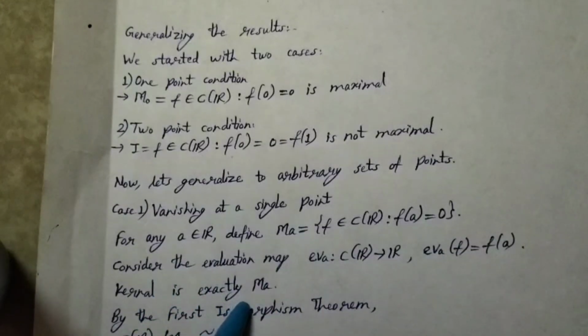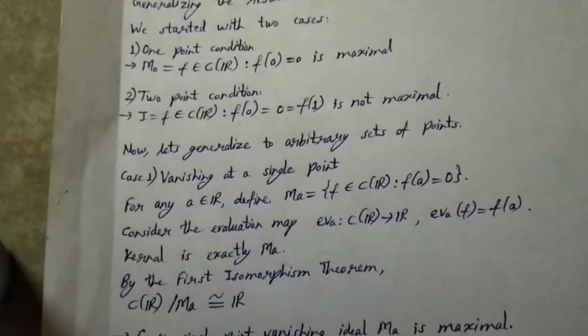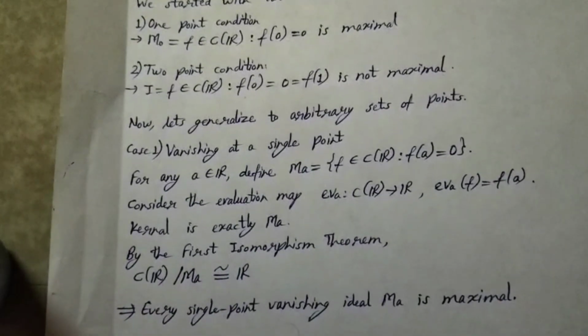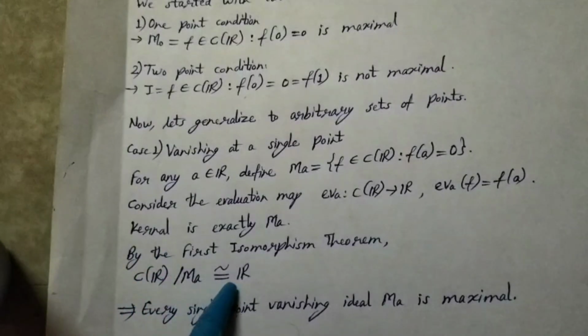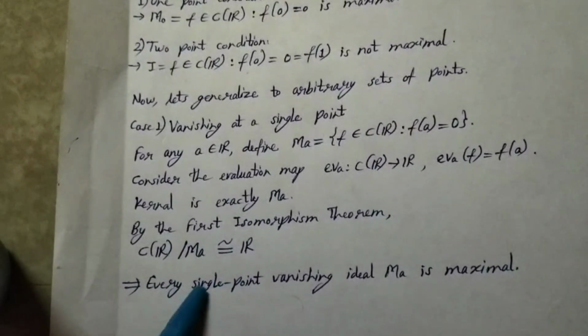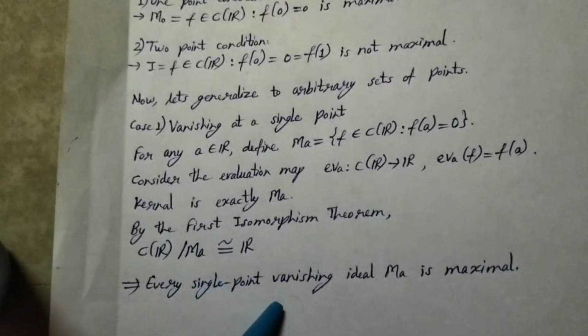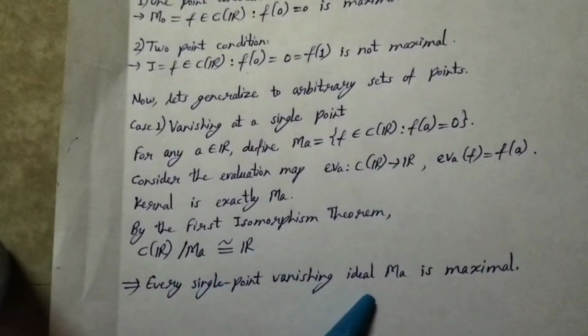Kernel is exactly M_a. That's why, by the first isomorphism theorem, we can conclude that C(R) modulo M_a is isomorphic to R.